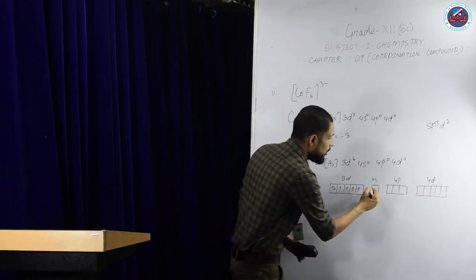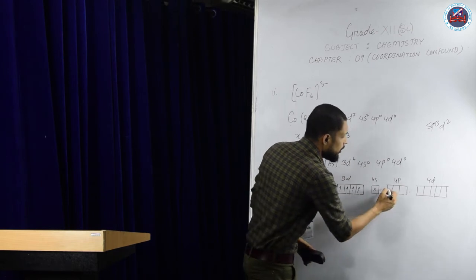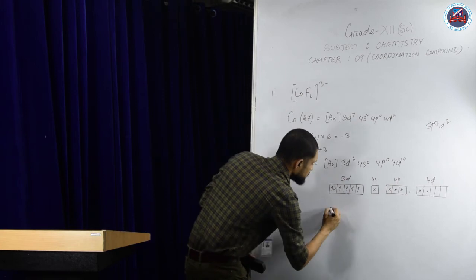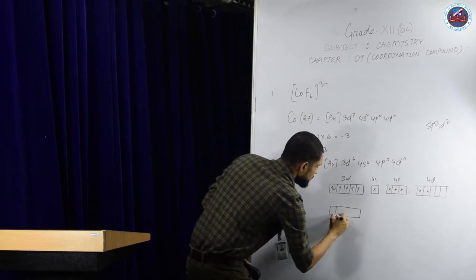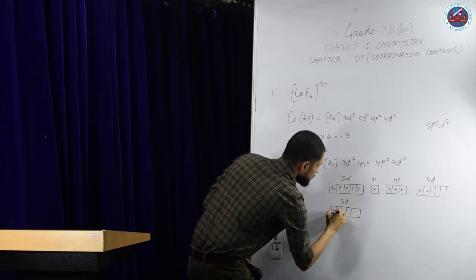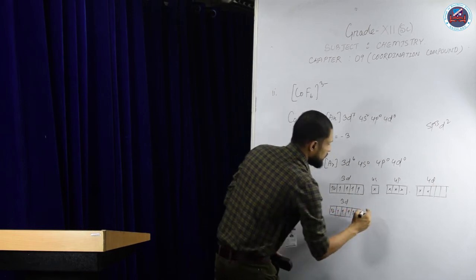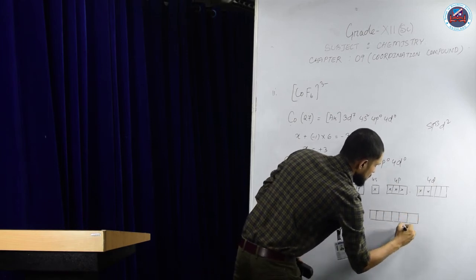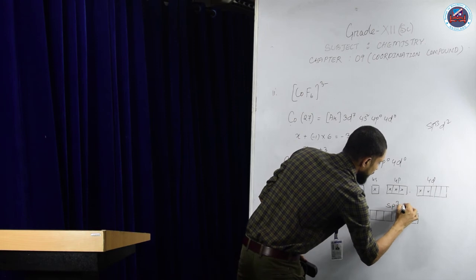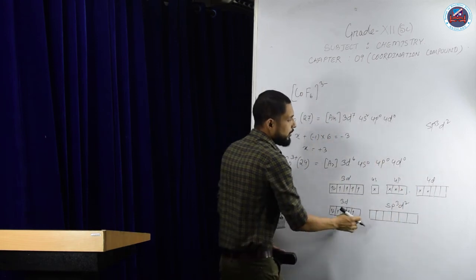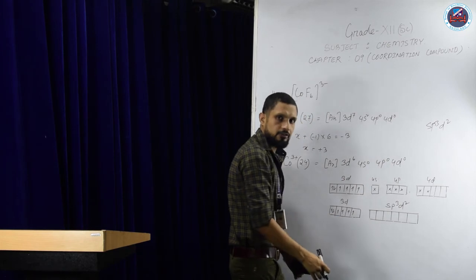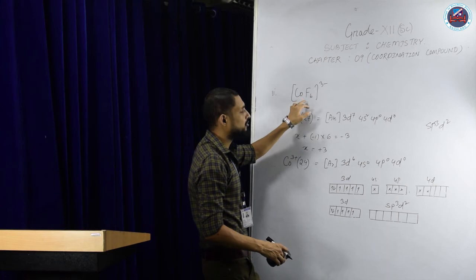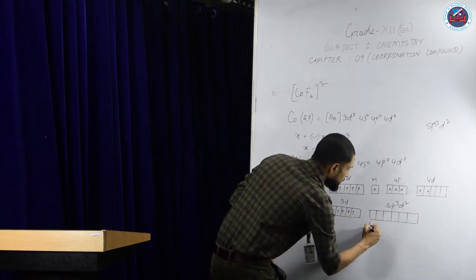So the hybridization will be 1 s, 3 p, and 2 d. Hybridization is sp3d2, and the empty orbitals are occupied by the pair of electrons donated by the ligand F negative.